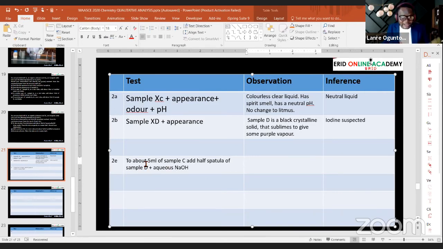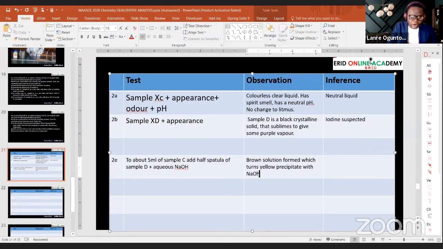So if I add sample C plus sample D, the first thing that I will get will be what? I will get a brown solution formed, which turns, or which forms, yellow precipitate with sodium hydroxide.